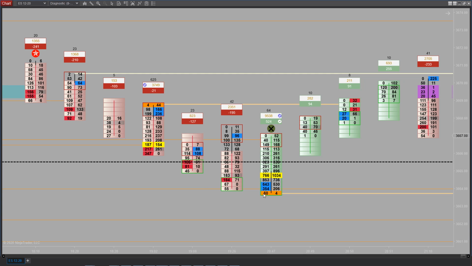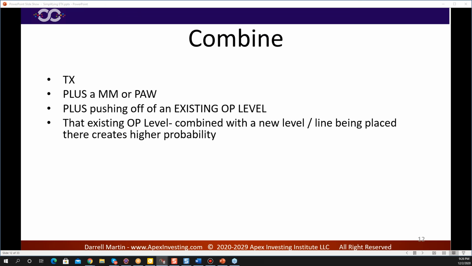Now we want it to lay another paw or mini magnet within 2 ticks of the same area to give us a double springboard. Got it? That makes sense, kind of what's behind it and logically why. So we're putting our TX, we're adding on a mini magnet or paw, okay?